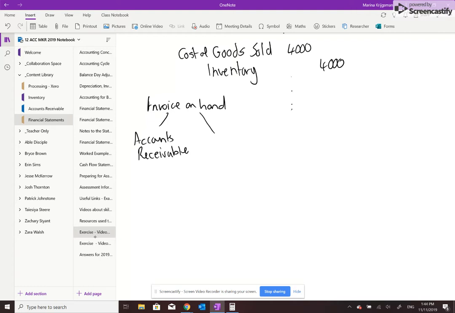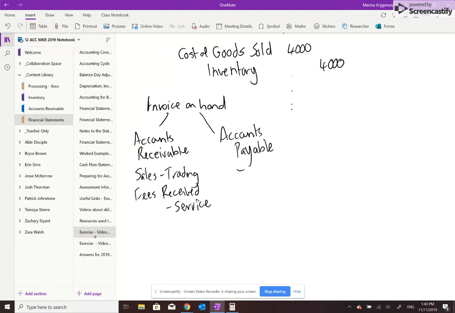So it's either going to be sales for a trading one, or fees received if it's a service firm. But the other type is accounts payable, and that relates to any expenses that we might have.